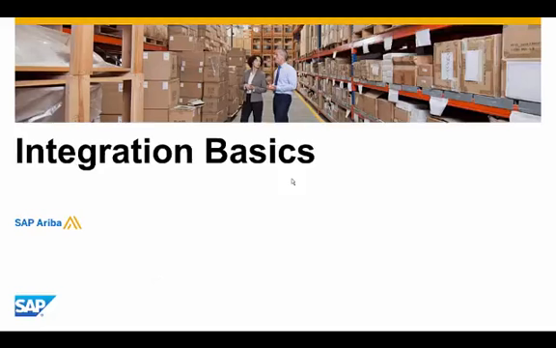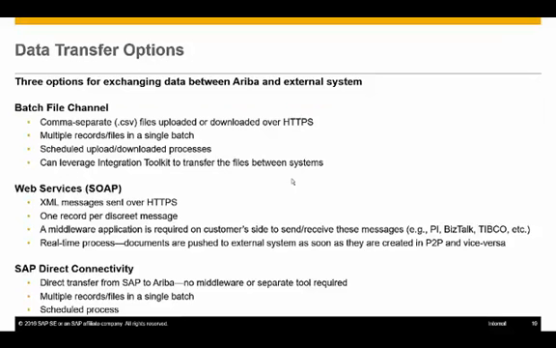Let's take a look at some of the basics of integration. What is the integration going to entail when it comes to ERP and P2P? In a nutshell, there are three options by which you can integrate your ERP with Ariba P2P. The very first option is your batch file channel.